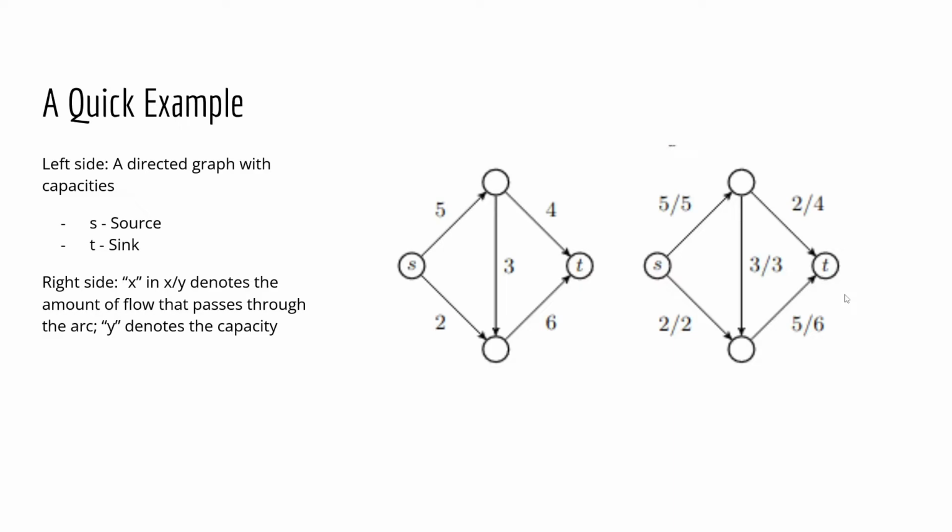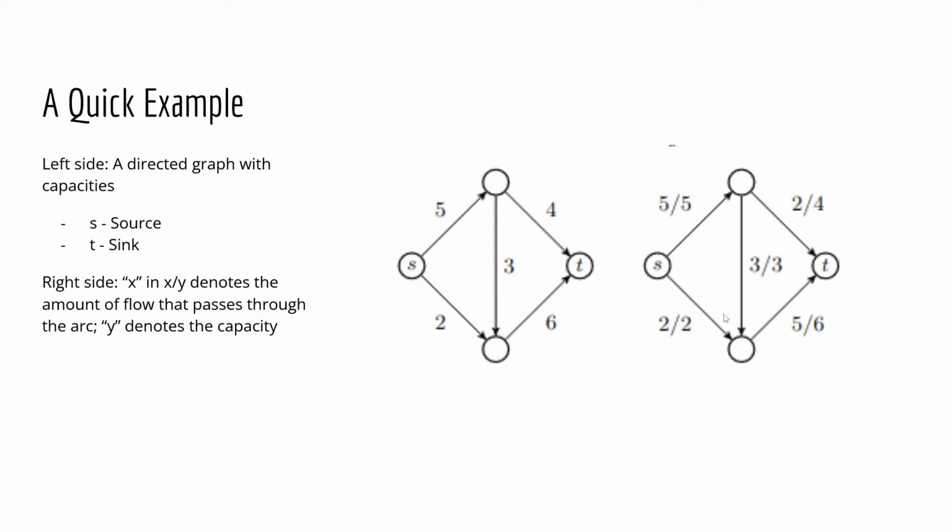Here's a quick example. On the left side, we have a directed graph with capacities. From S to this node, the capacity is 5, and from S to this node, the capacity is 6. On the right side, we have the same graph, but now with the flow that passes through each arc. From S to this node, the flow is 5 over the capacity, and from S to this node, the flow is 2 over the capacity.